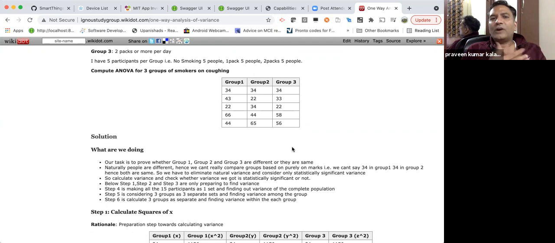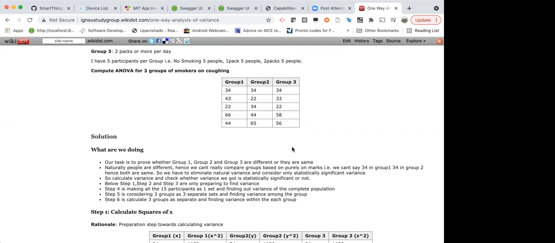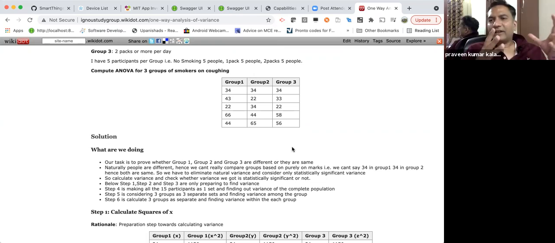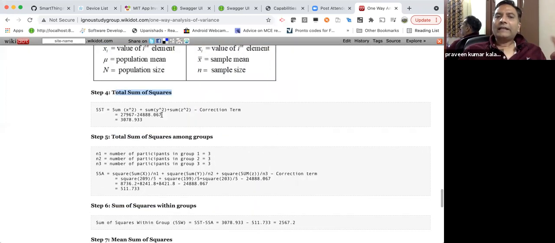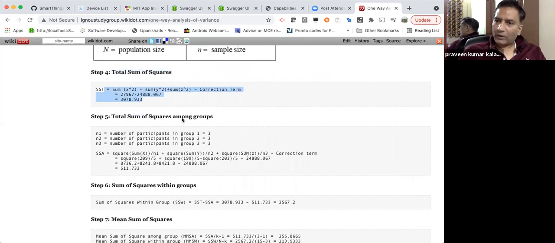Because you want to check what the natural variance is, since this natural variance is what you want to discount. You don't want to consider natural variance while determining that group 1 is different from group 2. That is why, in the first step, you are finding the natural variance of the entire group.